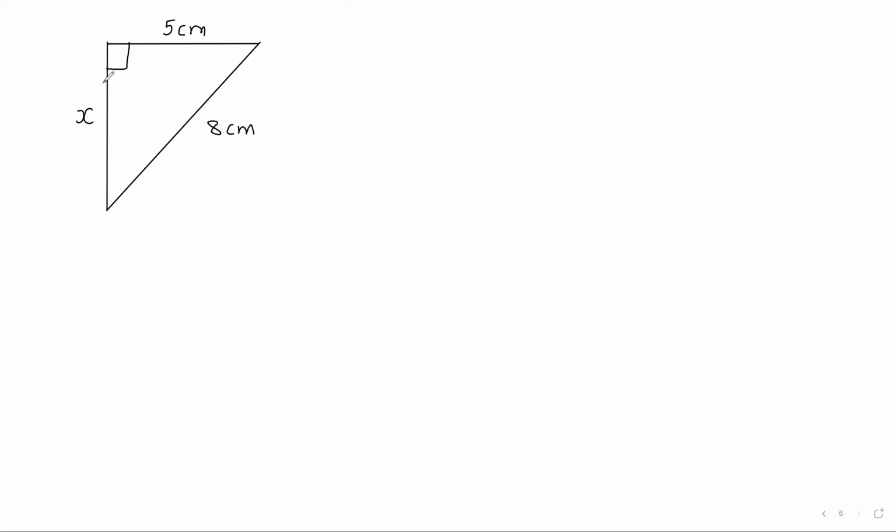All right. As we know, Pythagoras' theorem is that the square of the hypotenuse is equal to the sum of the squares of the other two sides. So by this theorem, x squared plus 5 squared is equal to 8 squared. If I want to make x the subject, I'll move 5 squared to the other side.